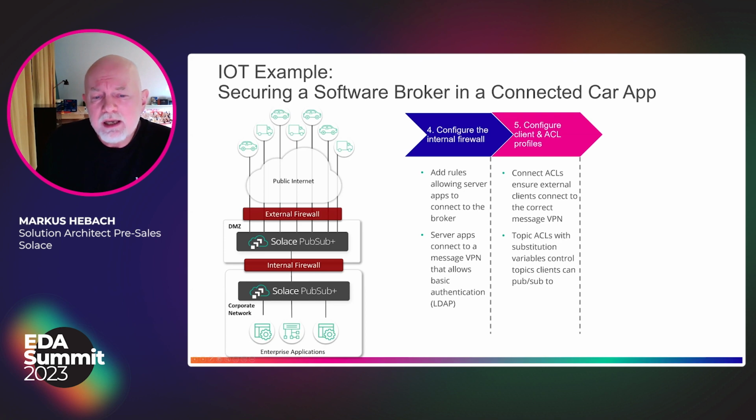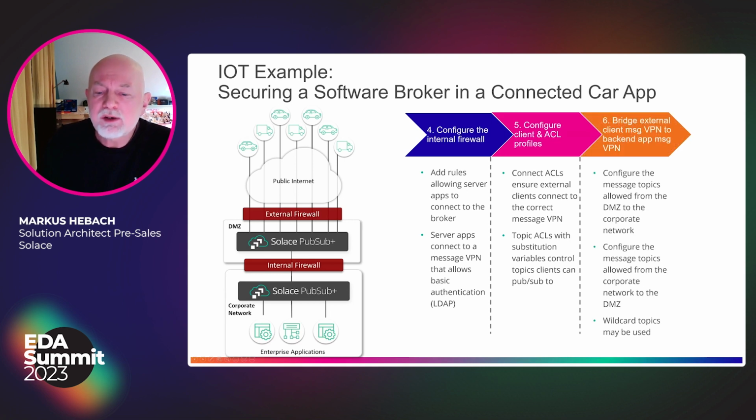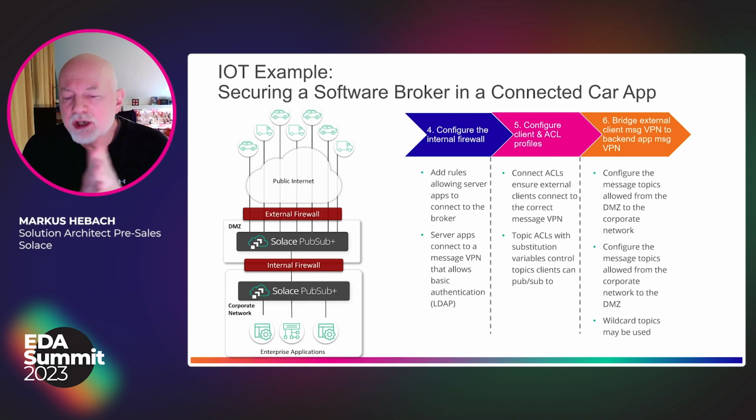You create the ACLs, and you create topic ACLs for the multitude of devices. So imagine you have a couple of million cars connected. Then you need to do something clever, because it is difficult to create ACLs for each car.